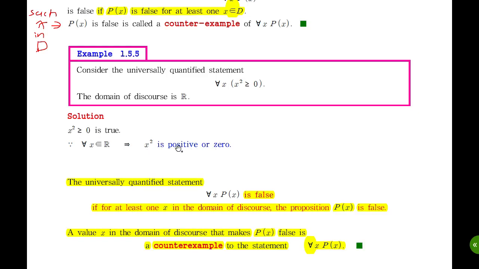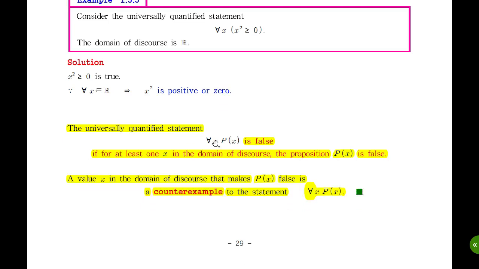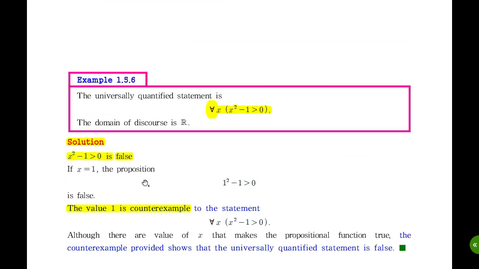So this is a true statement. When we say a universally quantified statement is false, that means there exists at least one x in the domain of discourse such that the proposition is false. Equal counterexample, it's the same word.